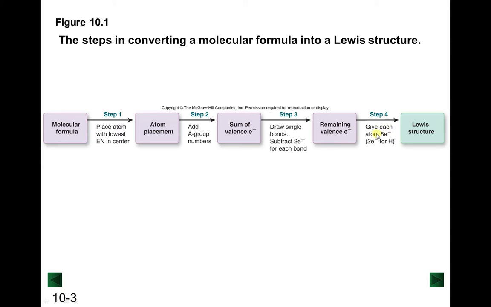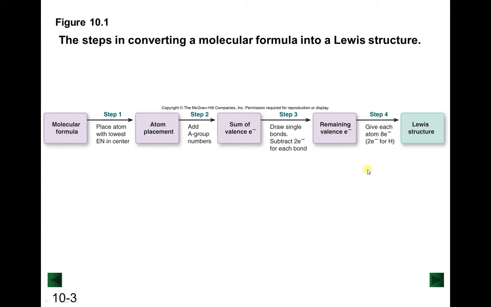The next thing you do is the remaining electrons, you distribute them to the rest of the atoms, such that all of the atoms, or most of them, would have an octet set of electrons. So you can distribute the remaining electrons as lone pairs, or if not lone pairs, you can distribute them as double bonds or additional bonds or triple bonds.